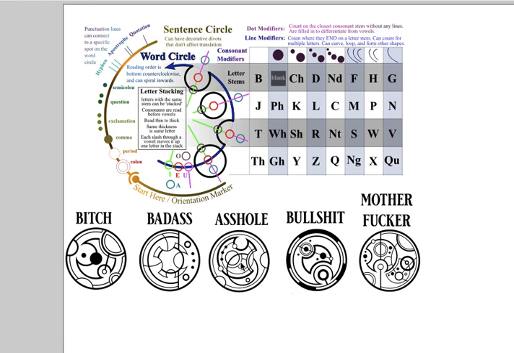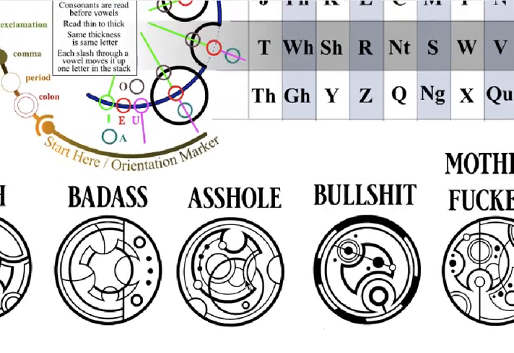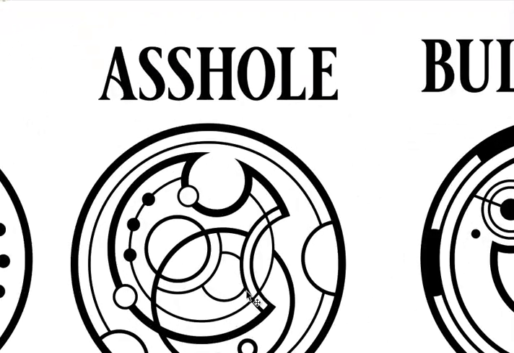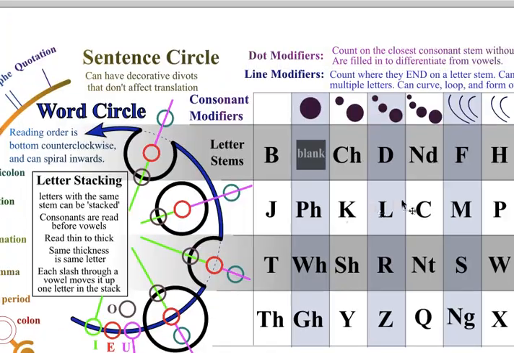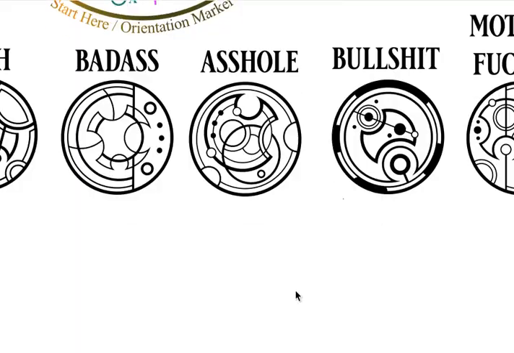And then we have this word, we start at the bottom. Here's an A outside the word circle. Then we have this shallow divot, and it's a double divot, so that means it's a double letter. And they're the same thickness, so it's the same letter twice. I'm going to zoom in here a tiny bit, so that way you can see this a bit more clearly. There's 1, 2, 3 lines ending on this stem. The rest of them pass through. 1, 2, 3 end on it. So that makes it the double S. Okay, cool.